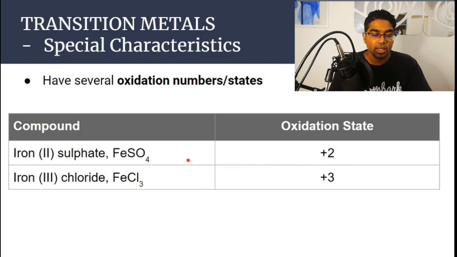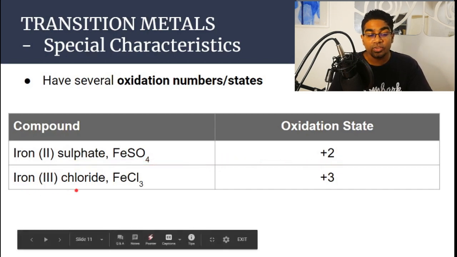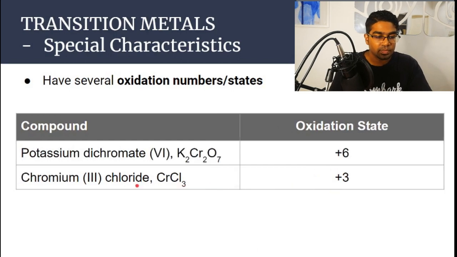Let's look at iron. Then we have iron 2 sulfate and iron 3 chloride. The oxidation number of iron in iron 2 sulfate is +2. The oxidation number of iron in iron 3 chloride is +3. Notice the iron can have two different oxidation numbers.